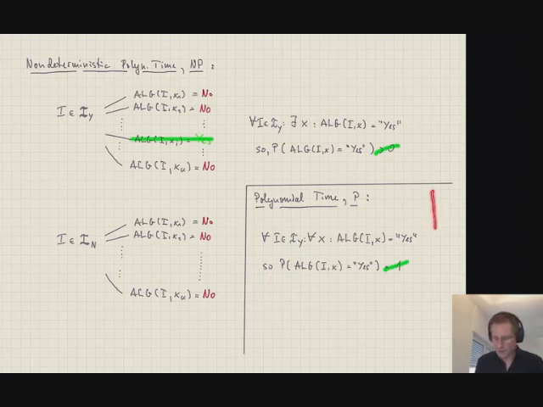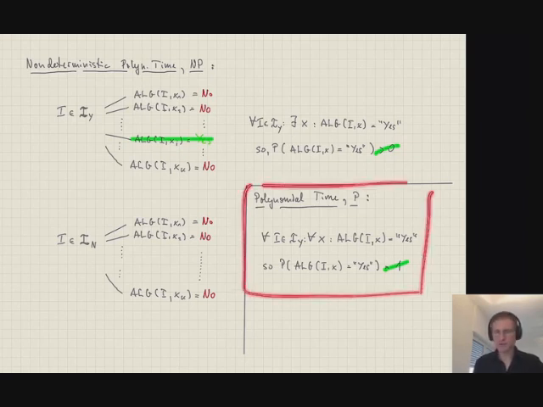So in polynomial time solvability, we ask for a success probability equal to 1, whereas in non-deterministic polynomial time solvability, it's still okay to only have a strictly positive success probability. Both are allowed to separate from a success probability 0, but polynomial time solvability just asks more.